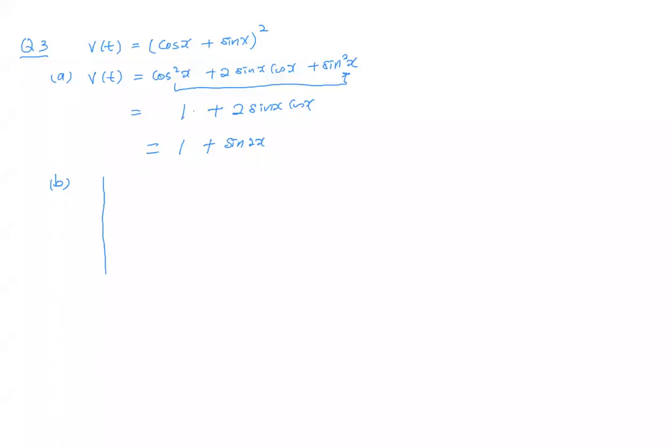Yes, miss. You got like that? Yes. Okay, here is your 1, here is your 0, and here is the 2, correct? So you got the coordinates of this turning point.